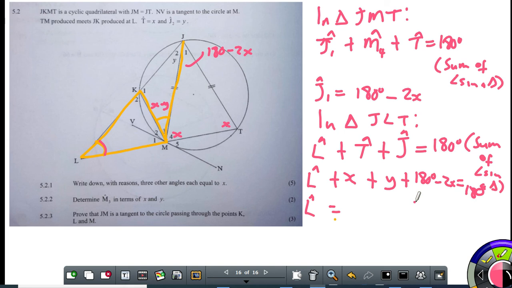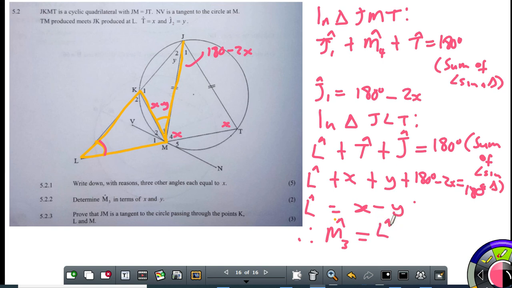Okay, but if I take the 2x to the other side, it becomes positive. Subtract this, I'll get x. Take the y to the other side, you get that. Okay? And then from here now we can say therefore M3 is equal to angle L, because that's the goal.